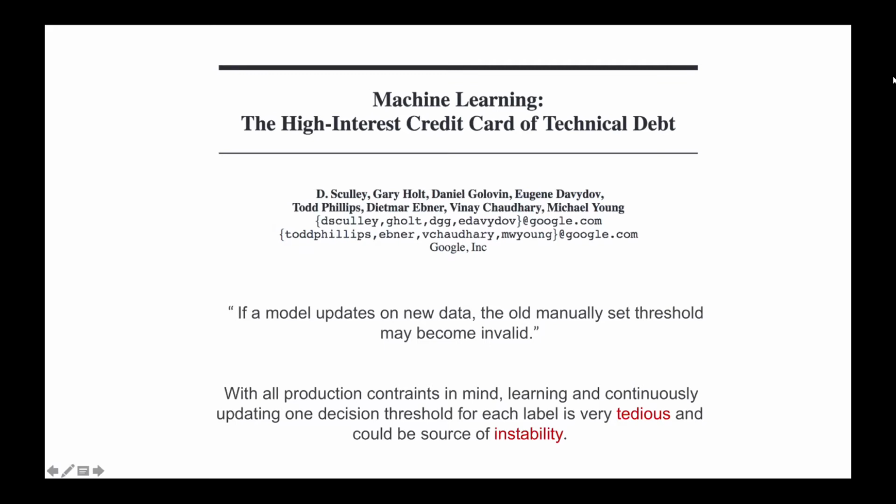So if a model updates on new data continuously, the old manually set threshold that we have before may become invalid. In particular, for multi-label classification, with all production constraints in mind, learning and continuously updating one decision threshold for each label is very tedious and could be a source of instability.